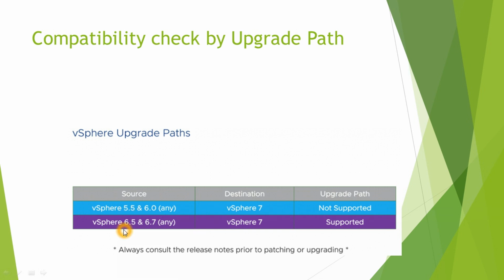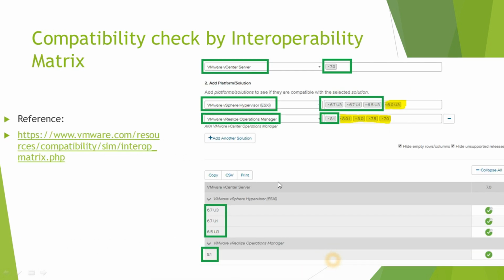So in the interim you need to jump to 6.5, and then from 6.5 you can directly go here, or you can jump to 6.7. As I said, it wouldn't make much difference anyway if you jump to 6.5 or 6.7, because the end of life for both of these products is the same date. So you're not going to gain an advantage, but I would suggest, if you upgrade, upgrade it to 6.7. Why not, right? And always consult the release notes prior to patching or upgrading.